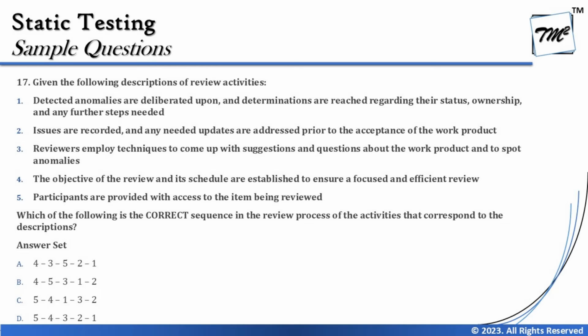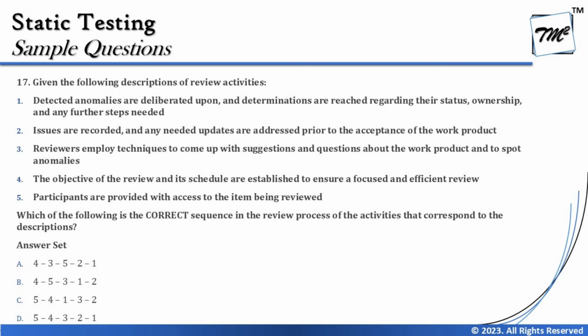Then after that, reviewers will use their techniques to come up with their suggestions, potential findings, and document the defects they have, which is basically from the preparation point of view. And then we should detect the anomalies, which are deliberated upon and determinations are reached regarding their status, which is a part of the communication and analysis, and also ownership and any further steps needed are defined here.